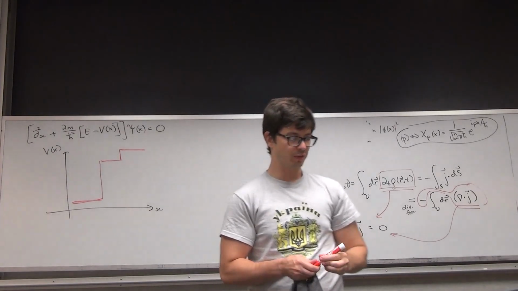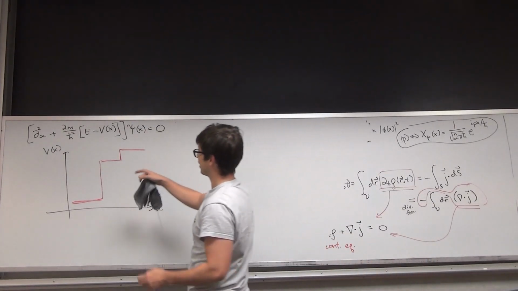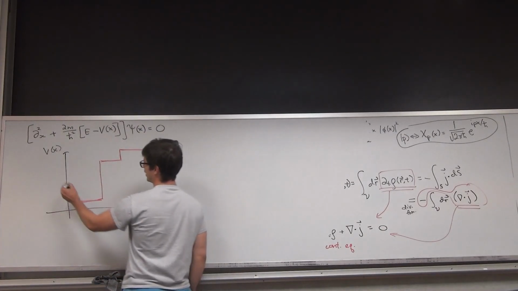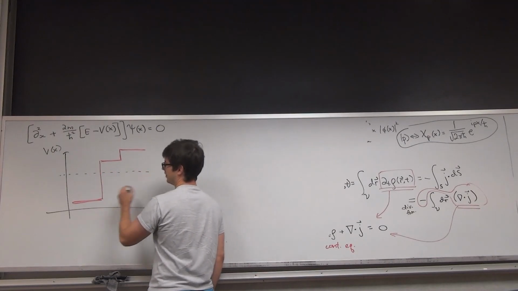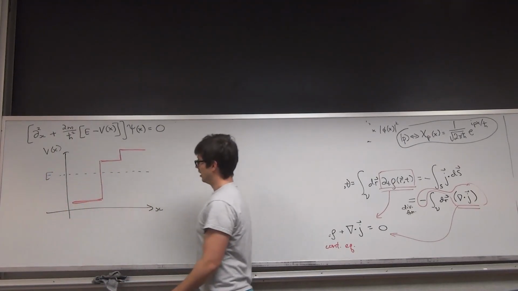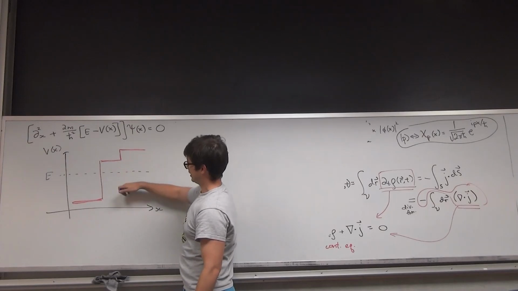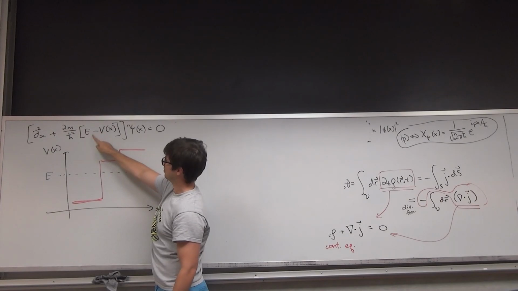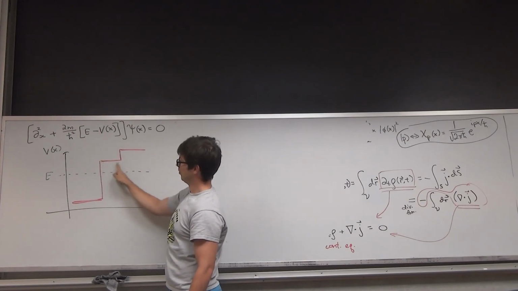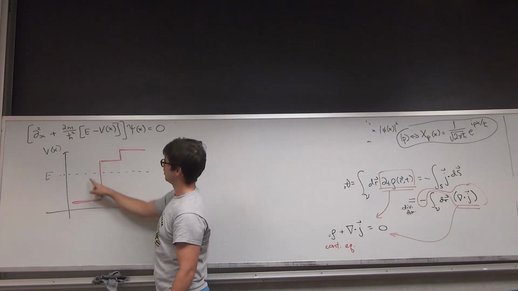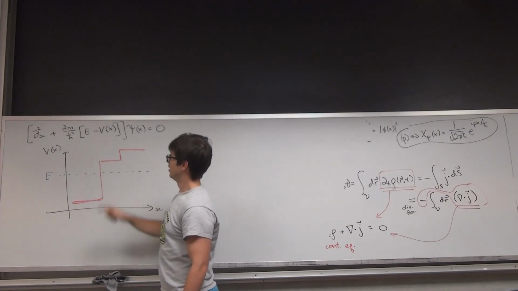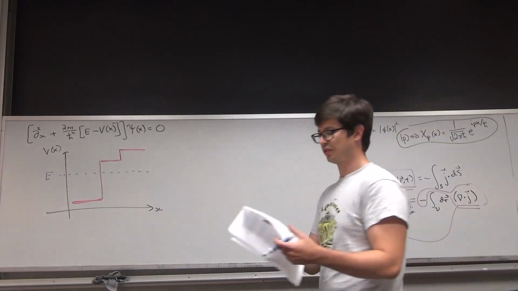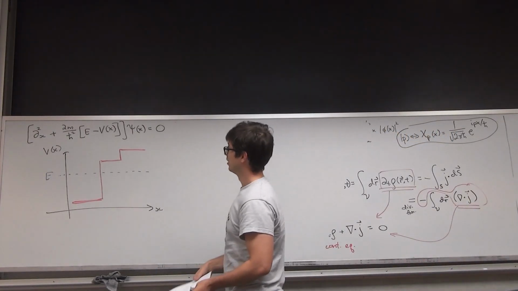And then we want to figure out the solutions to this thing for various total energies, E. And we could put the energy somewhere and conveniently draw a line of where it is. And you see what happens is if V is bigger than E, then this thing is negative for those positions. And if E is bigger than V, then this is positive. And that'll give you different kinds of solutions to the Schrödinger equation.